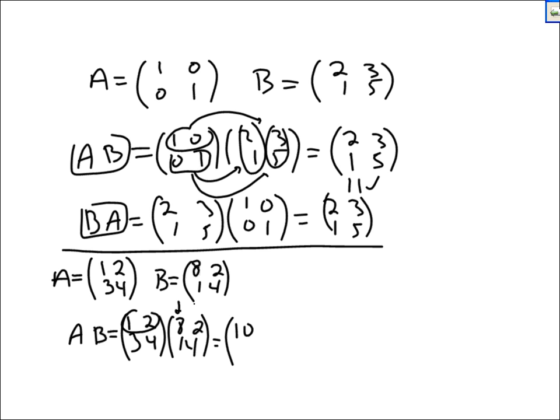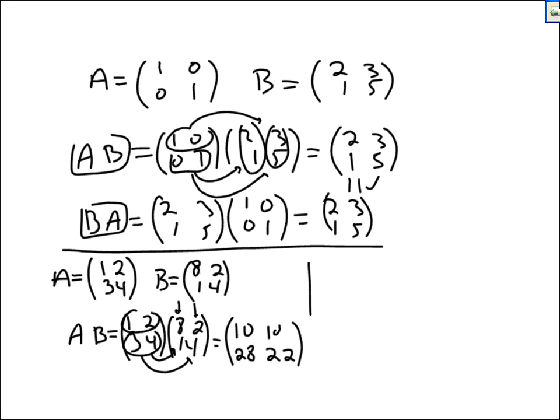That gives me a 10. First row, second column. You get 2 plus 8, which is also 10. Okay. Second row, first column. 3 times 8 is 24, plus 4 ones bring you up to 28. 6 plus 16. 3 times 2 is 6, plus 4 times 4 is 16.